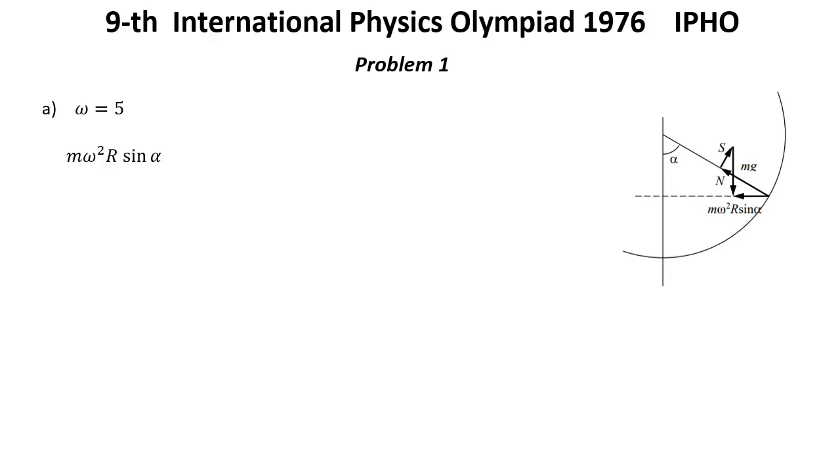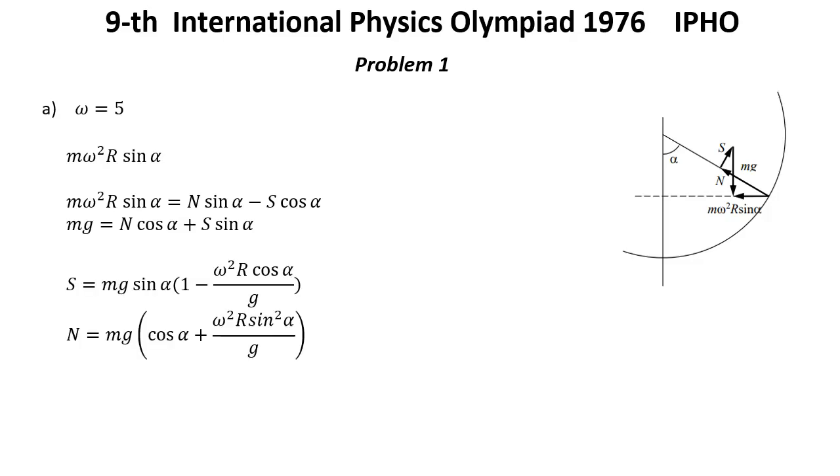The connections between the horizontal and vertical components are these two equations. The solution of the system of equations is this one. Force of friction S equal this expression, and the normal force equal this expression.